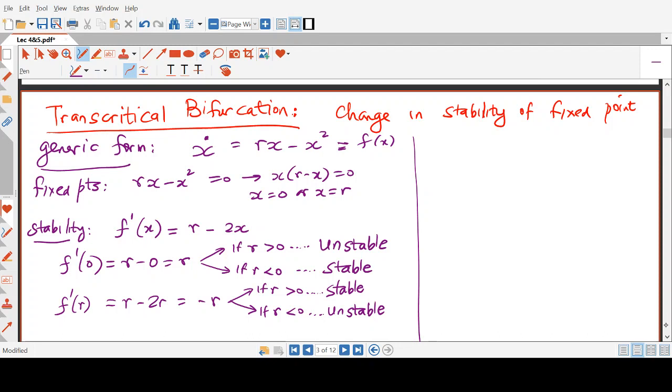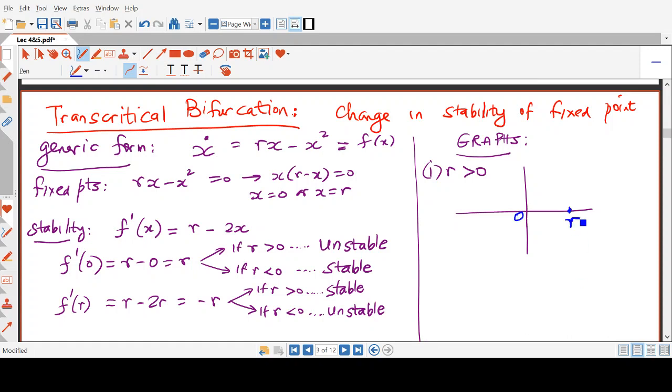If I may use graphs, let's use a graph of x dot versus x. Let's consider firstly the case r positive. So then your graphs look like this. Take r equals 1, x minus x squared. So you'll have two points, 0 and 1.